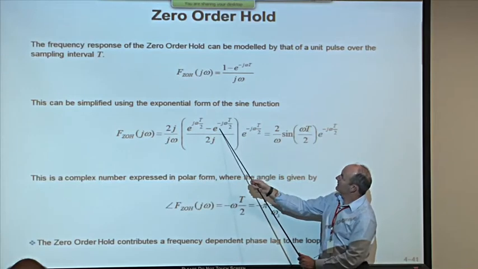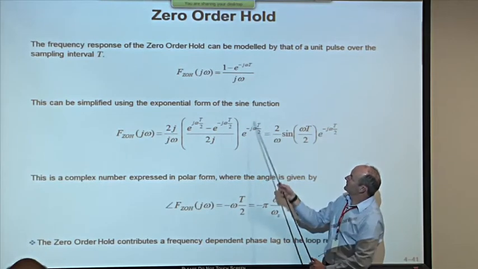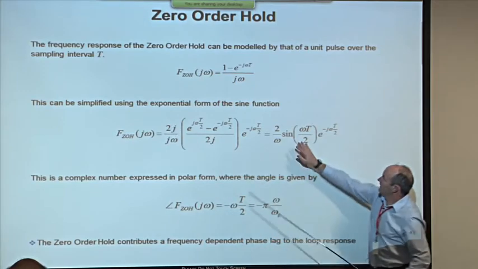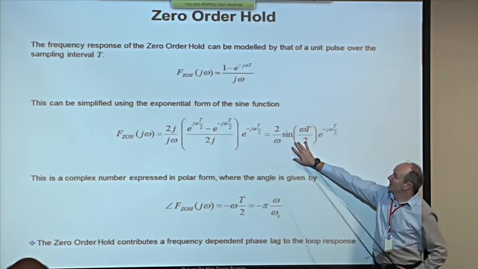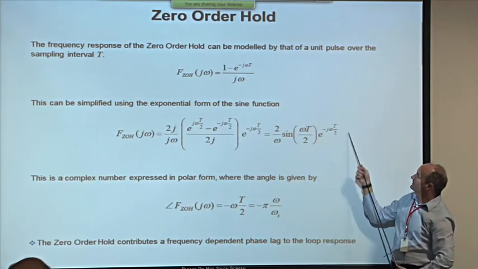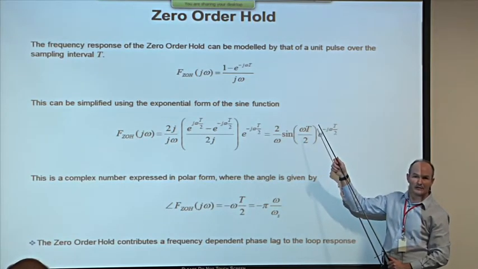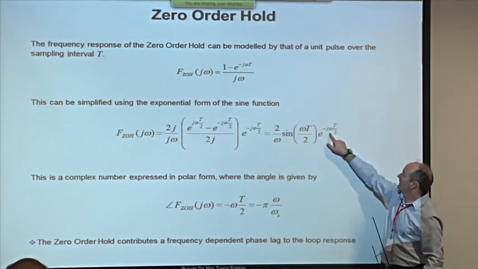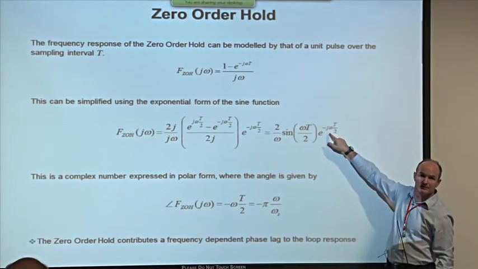This term multiplied by that gives you e to the minus j omega T. And then I need a 2j on the bottom, well, I'll just factor that out. And what I end up with is a sine function times 2 over omega, because the j's will cancel, times this. This is a complex number in polar form, because this is real, and this is a complex exponential. That's the phase.